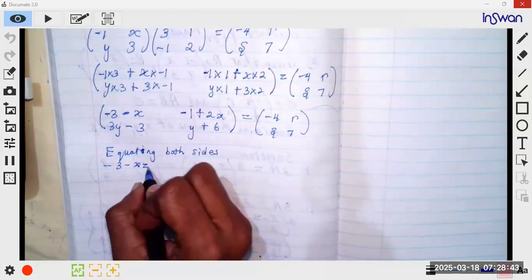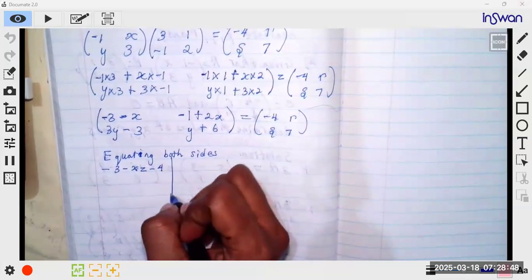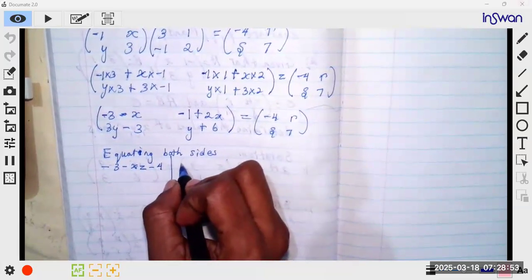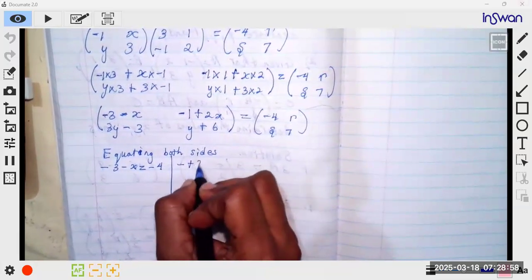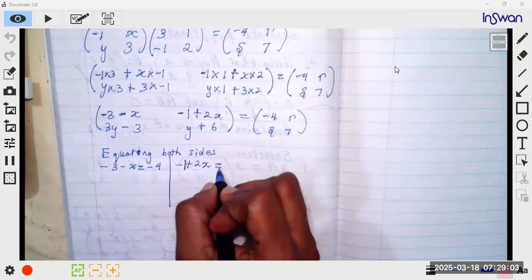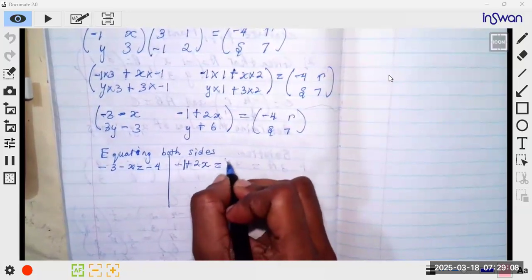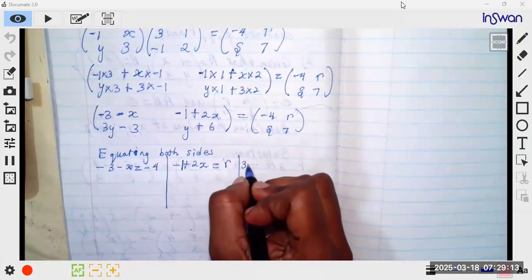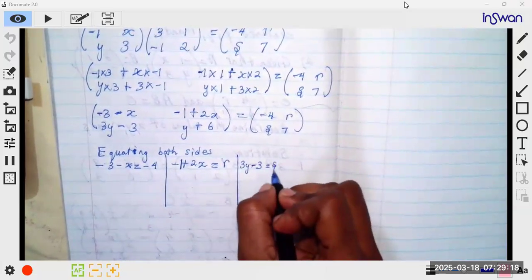Then minus 1 plus 2x will be equal to R. Next one, 3y plus minus 3 will be equal to S. And y plus 6 will be equal to 7.